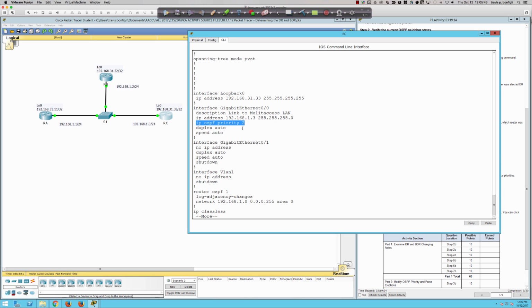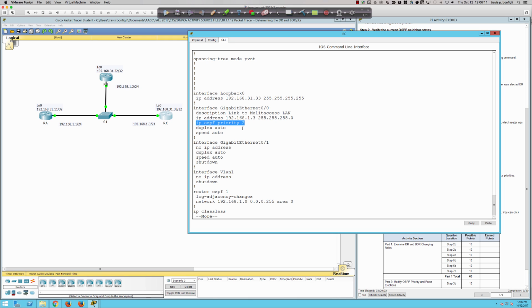The reason there's no preemption, like you would see with something like HSRP, where if a router came back online with a higher priority it would preempt the current active HSRP router and take over as active, is that with the designated router and the backup designated router, there is no preemption.